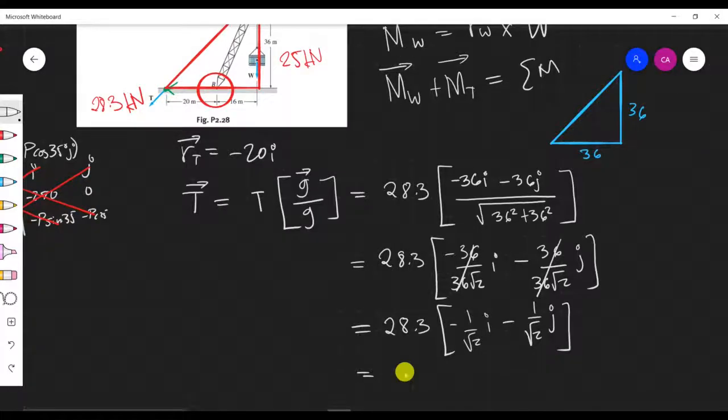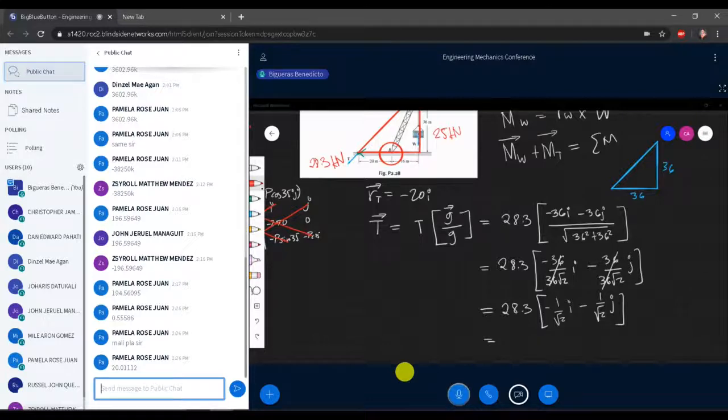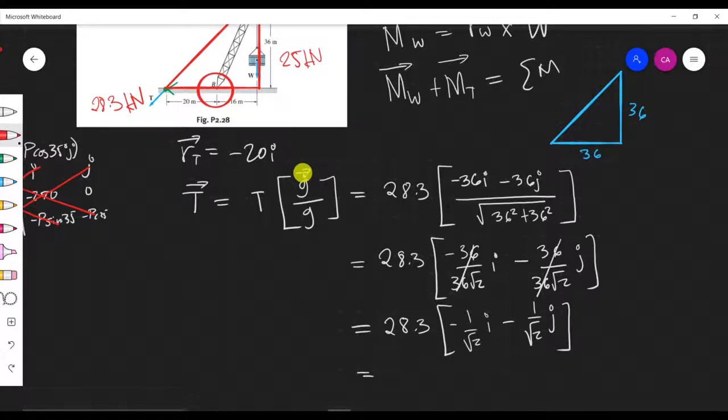Mali pala. Okay lang. So, ginagawa natin tong approach na to if hindi given yung angle. Ginagawa natin yung unit vector, yung direction vector. So, agree ba tayong lahat?